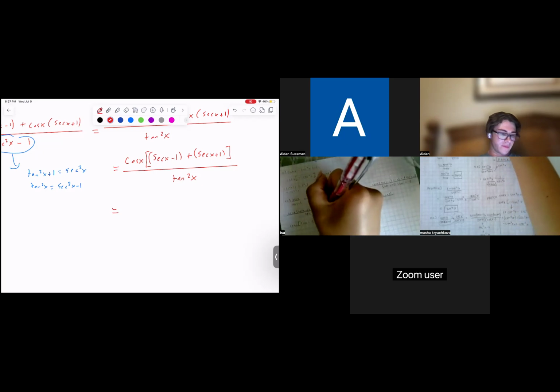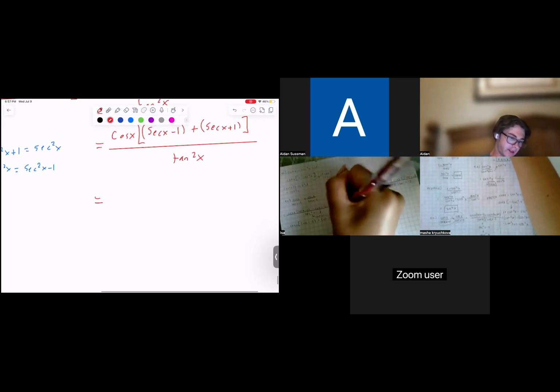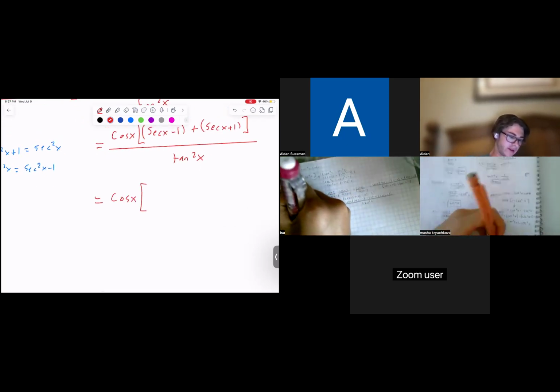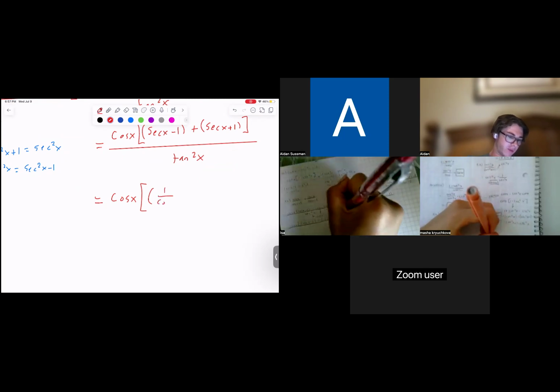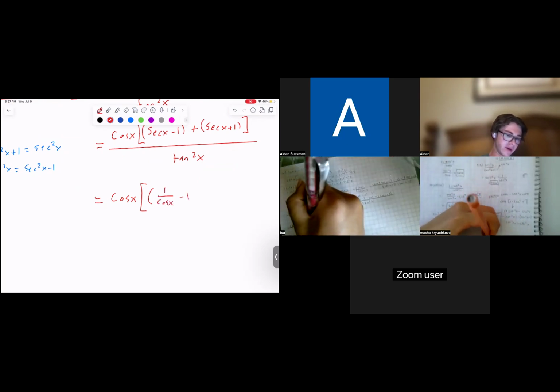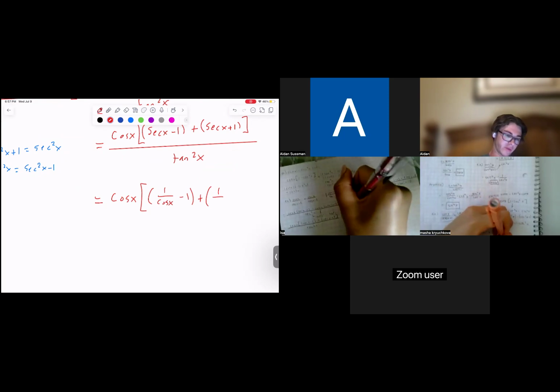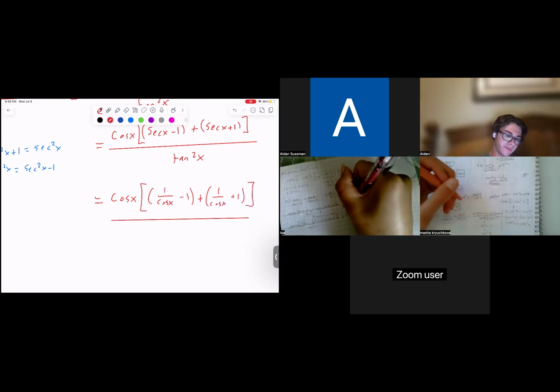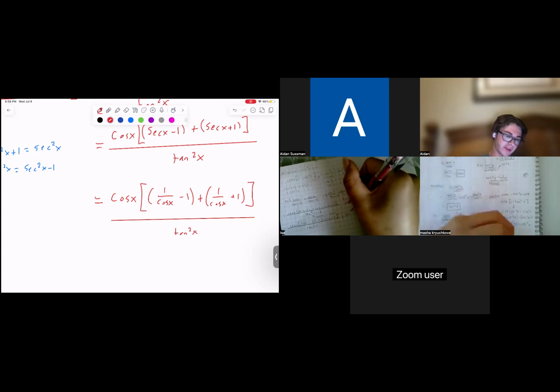Should we try making the secant into 1 over cosine? Yeah, let's try that. So we'll leave the cosine. We'll take this first secant, make it 1 over cosine minus 1, plus this other one is 1 over cosine plus 1, all over tangent squared of x.